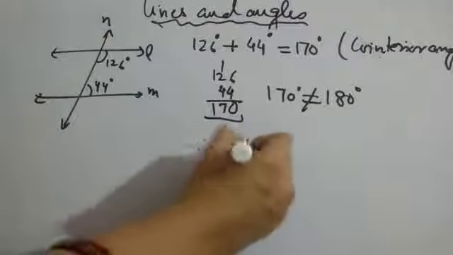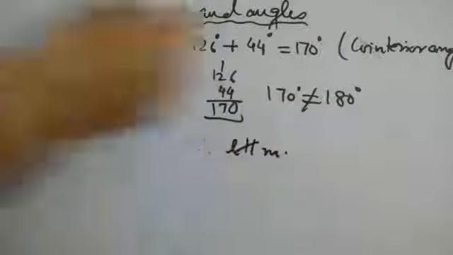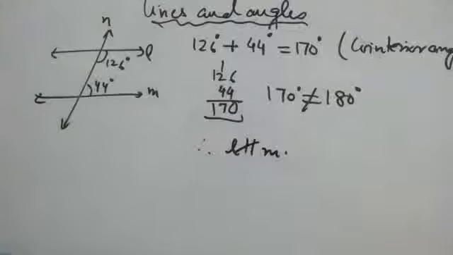Therefore, L is not parallel to M. This is how, wherever any two lines are given and you have to check whether they are parallel or not, any two angles will be given, you have to find the relation between those two given angles, and if they satisfy the relation, then the lines are parallel, otherwise they are not.